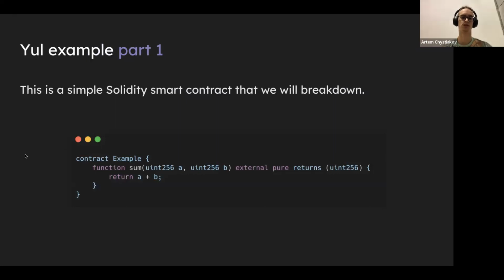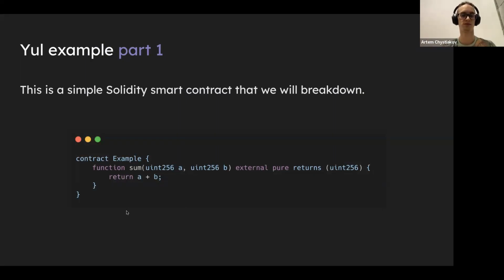So let's take a look at a simple smart contract that I have written in Solidity, that we will expand and understand how the EVM interprets this contract, and at the end we'll get the same smart contract, semantically the same, but written in the Yul programming language.